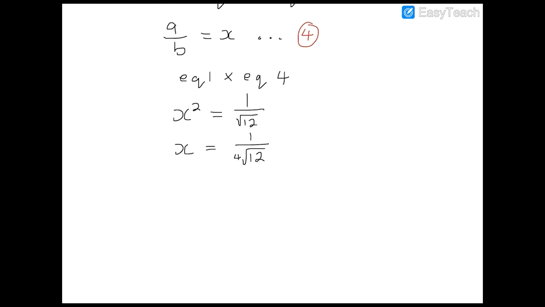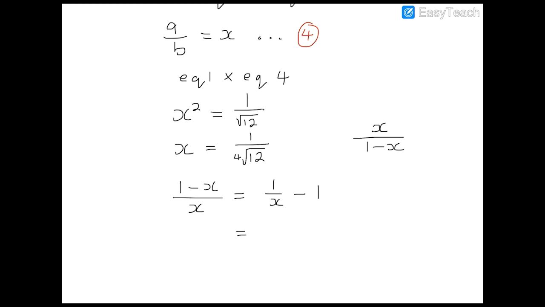Now, because I'm required to find x divided by 1 over x, instead I will choose to find 1 minus x over x, because it will make my calculation simple, as I can simplify this to 1 over x minus 1.